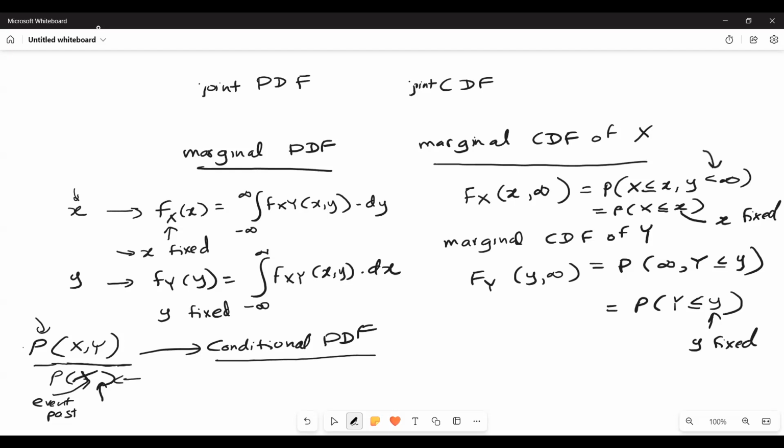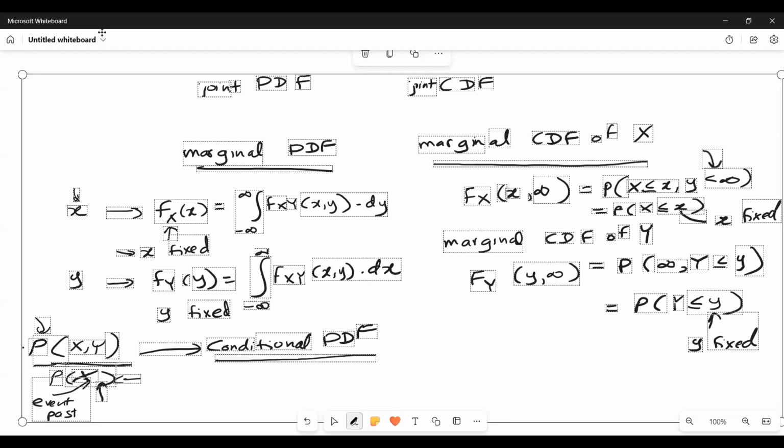So I will give the definition of the conditional probability density function in a new slide.